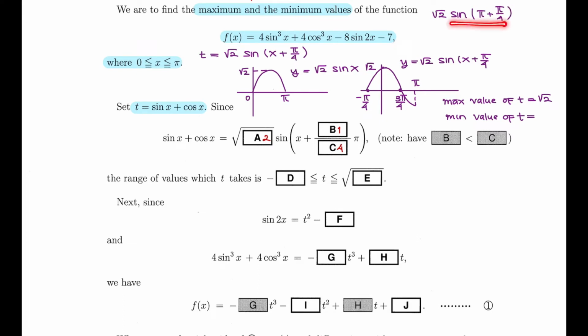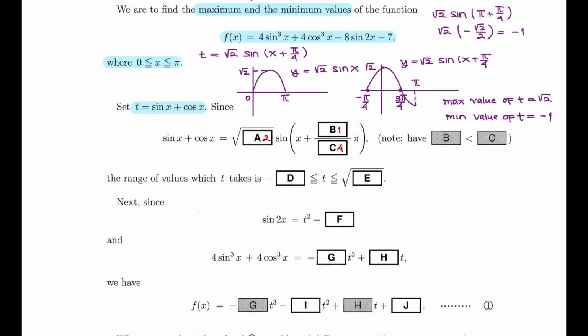Sine 5 pi over 4. 5 pi over 4 is 225 degrees. Sine 225 degrees is negative square root of 2 over 2. If we calculate this, then the minimum value is negative 1.